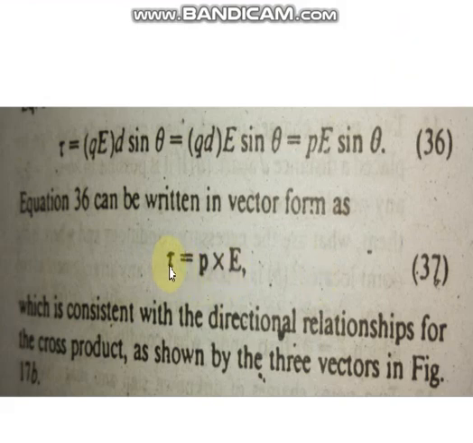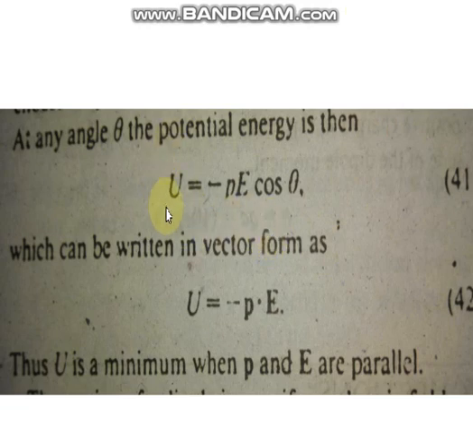The value of that torque acting on the dipole moment vector P placed in an electric field E was given by P cross E, or it was equal to P E into sine of theta, where theta is the angle between P and E. Similarly, the potential energy which is stored in this dipole when it is rotated by the torque through an angle theta in the electric field E was given by minus P E cos of theta, and this P E cos of theta can be written as P dot E. Here it would be minimum when P and E are parallel to each other.